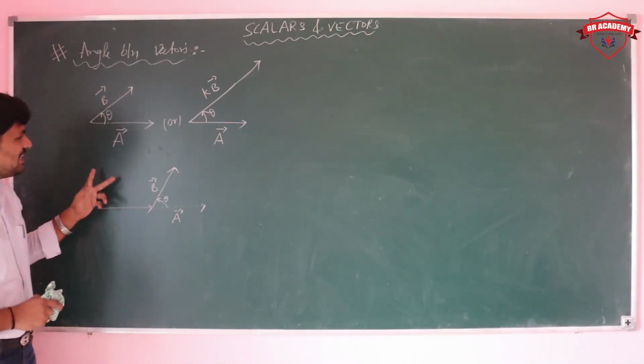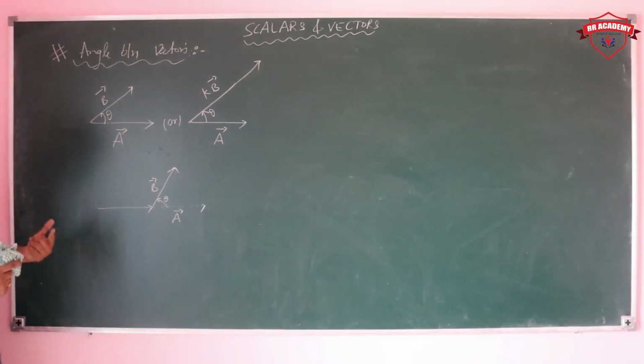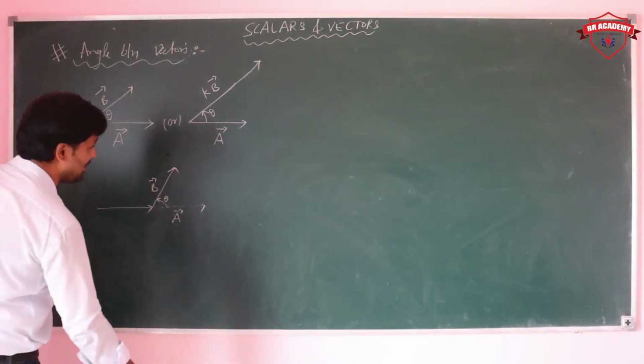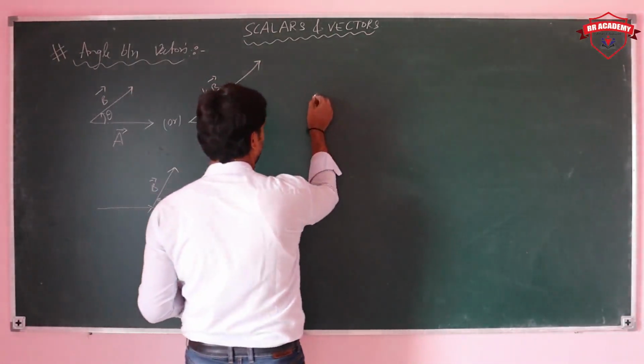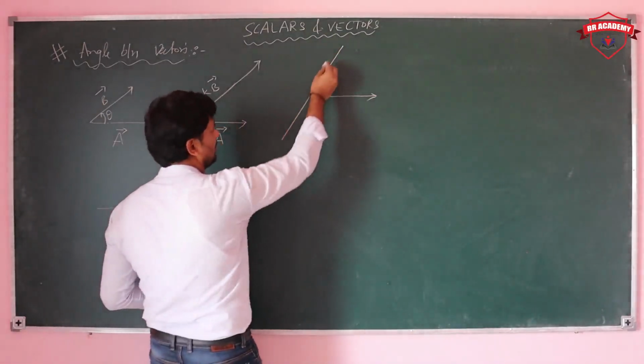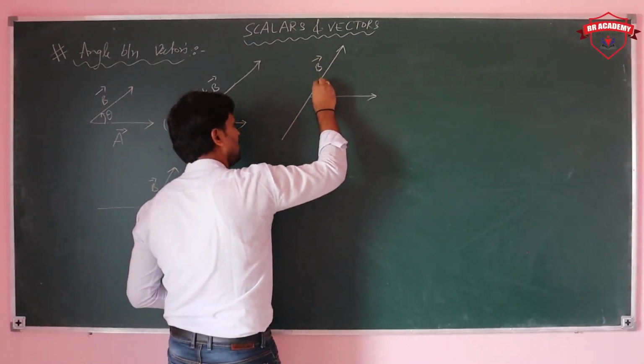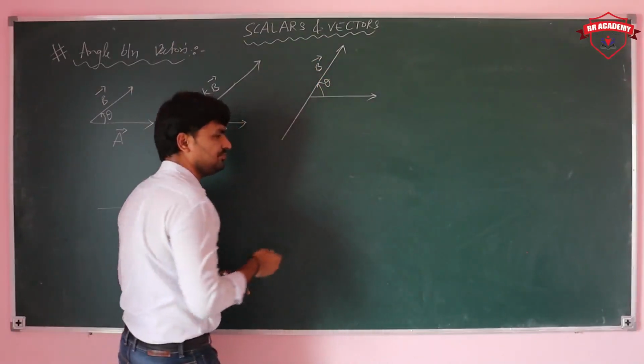So then what is the angle between A and minus B? A and minus B, that also we will see. So here I am considering this is vector A and this is vector B. Angle between A and B is theta.